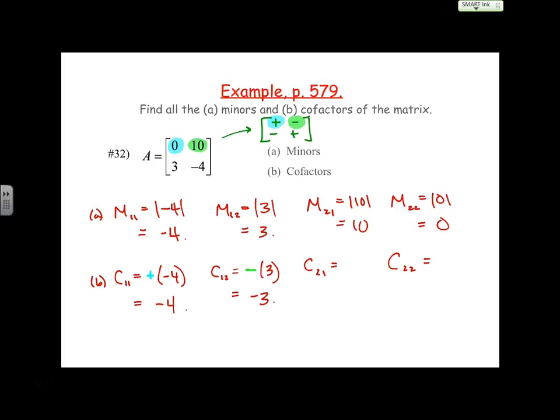If you guys follow the pattern, find me the next 2 cofactors if you have not yet already. Although the last one is kind of easy.